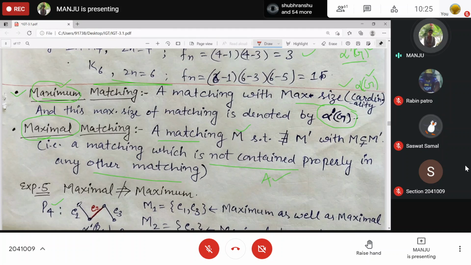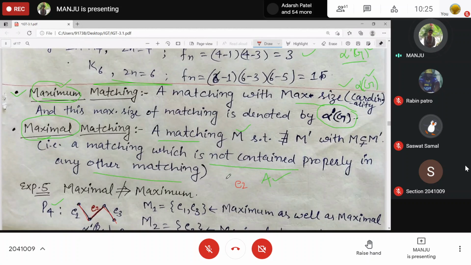The matching is E1, E3. So this is your maximum matching as well as maximal. Every maximum will be maximal, but maximal may not be maximum. Clear?